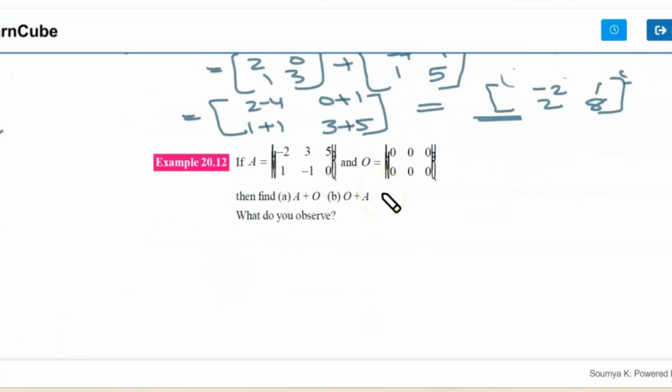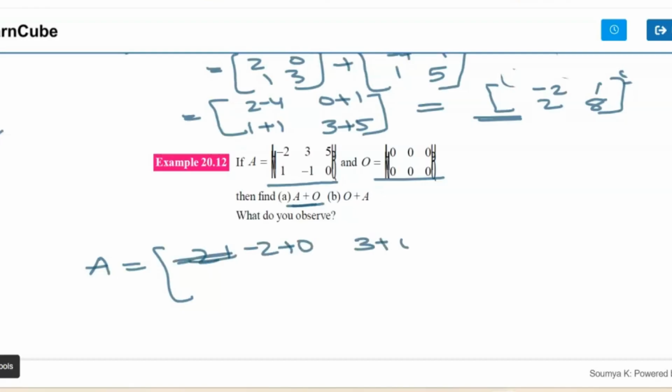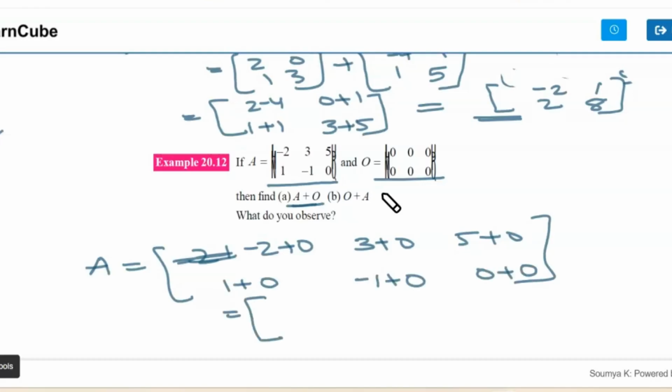See the next question, that is 20.12. In this it says A and O are the two matrices given. Now you have to find A plus 0. So that means minus 2 plus 0, 3 plus 0, 5 plus 0 as the first row, 1 plus 0, minus 1 plus 0, 0 plus 0. Like this you will have the second row.